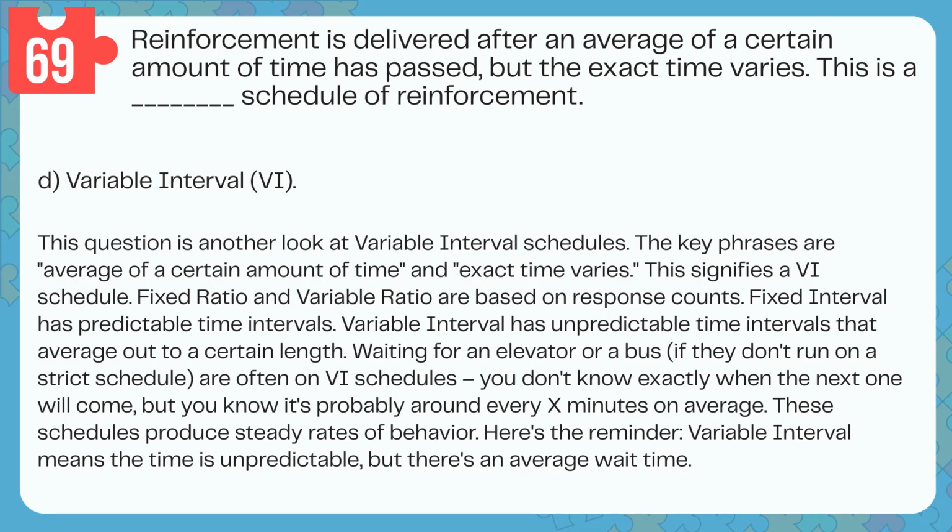Waiting for an elevator or a bus, if they don't run on a strict schedule, are often on VI schedules. You don't know exactly when the next one will come, but you know it's probably around every X minutes on average. These schedules produce steady rates of behavior. Here's the reminder. Variable interval means the time is unpredictable, but there's an average wait time.